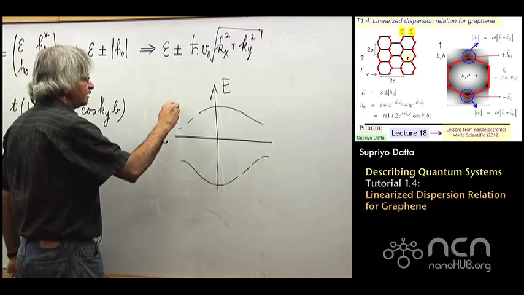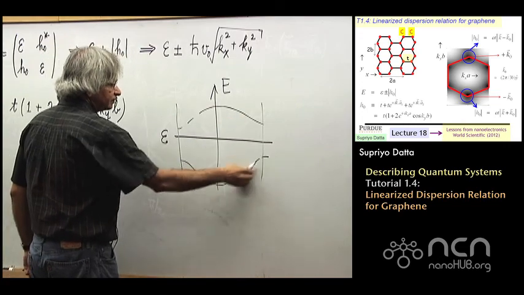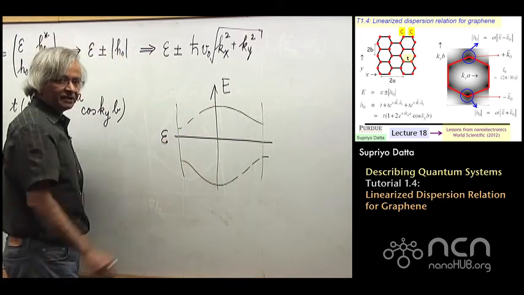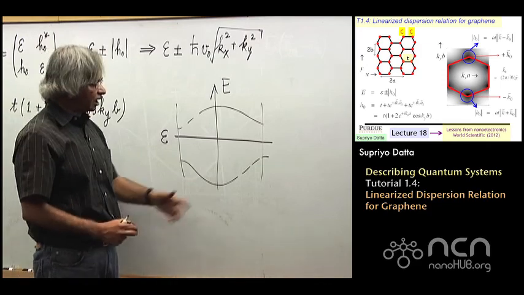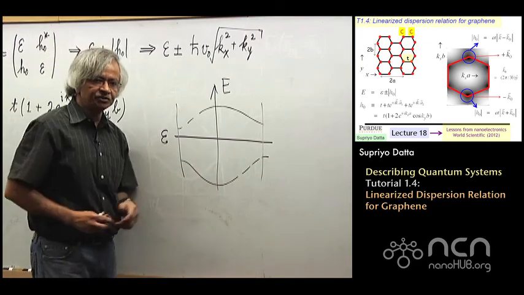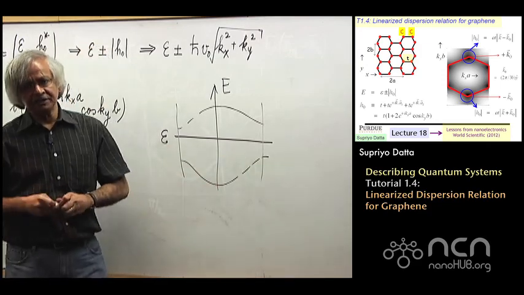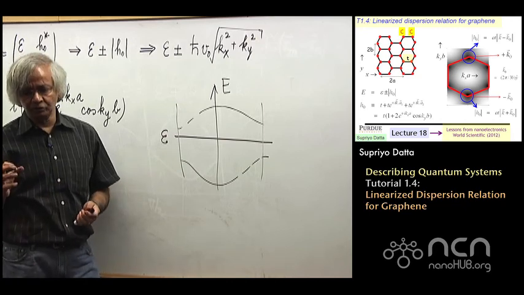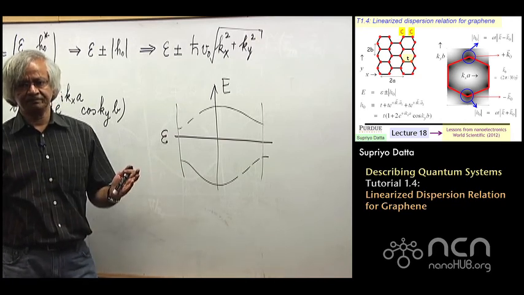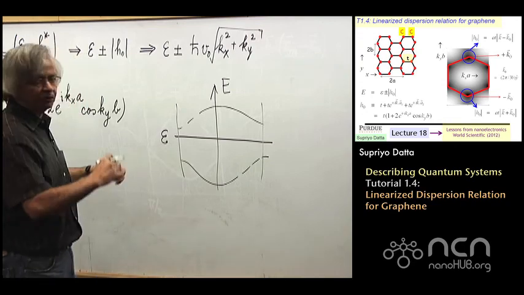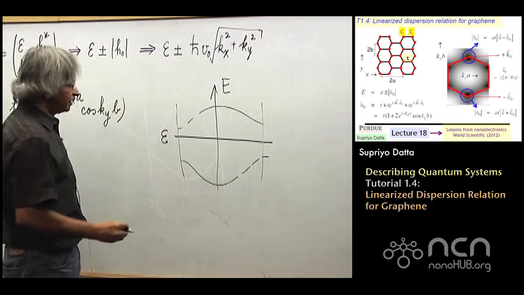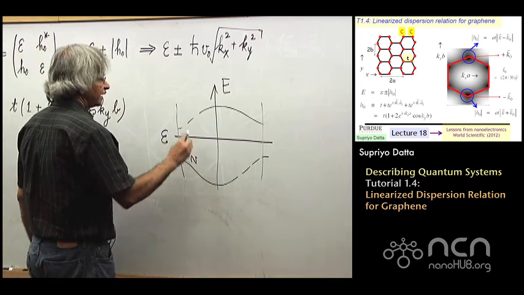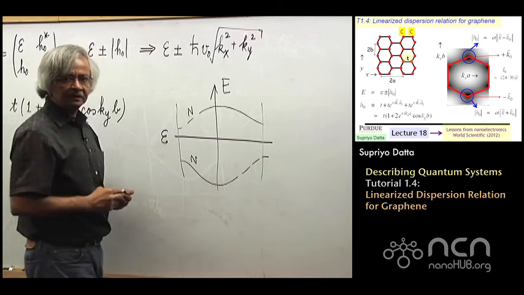Okay. Now, how many states do you have in these? So there are these two branches to your dispersion relation. And how many states do you have within this Brillouin zone? There the general principle is that the number of states is equal to the number of unit cells. So overall, if you had n unit cells in your graphene sheet, there would be n states here and n states there.